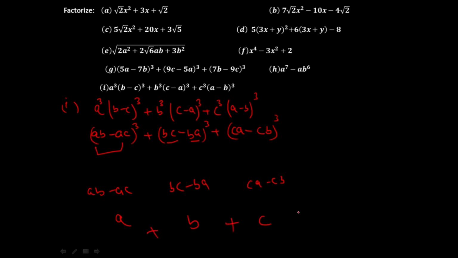Then the sum of all these three will be equal to 0. How? This will get cancelled, this will get cancelled, this will get cancelled. So if a plus b plus c equals 0, then a cube plus b cube plus c cube will be equal to 3 times a times b times c here.